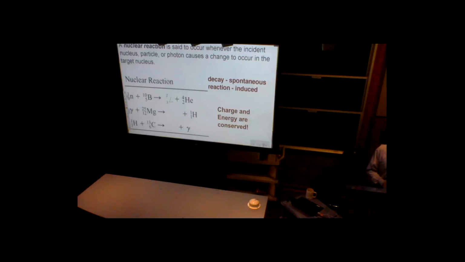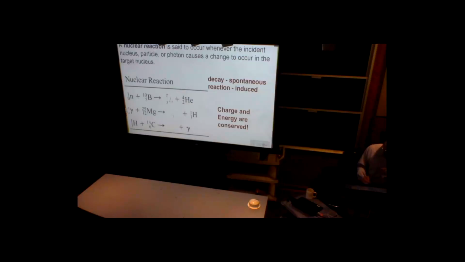Gamma has no charge, has practically no mass, has some energy. Energy enough to actually penetrate inside a nucleus and excite it. But it doesn't change the nucleus. It gets excited and then it decays. Into what?